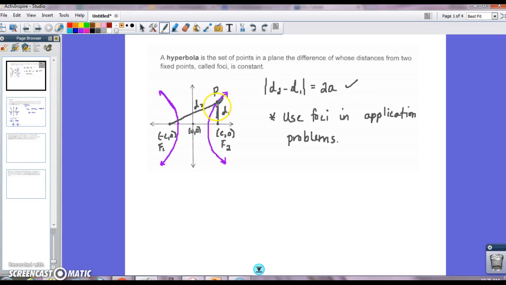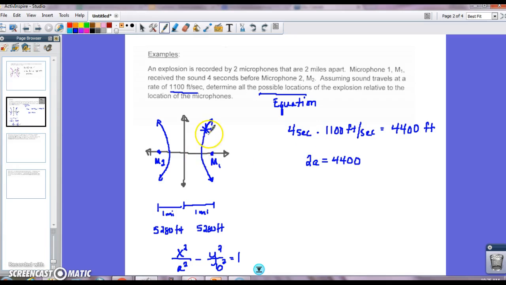That difference is 4,400 feet because microphone 1 received the sound 4 seconds before microphone 2. So 2a is 4,400, which means that a is equal to 2,200 feet.